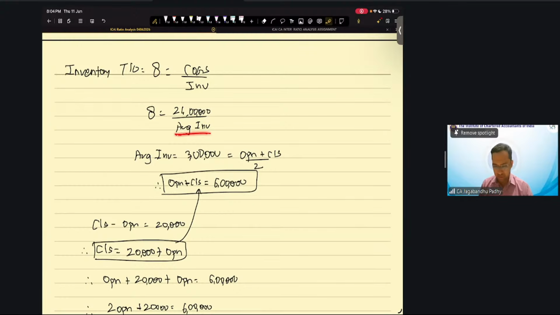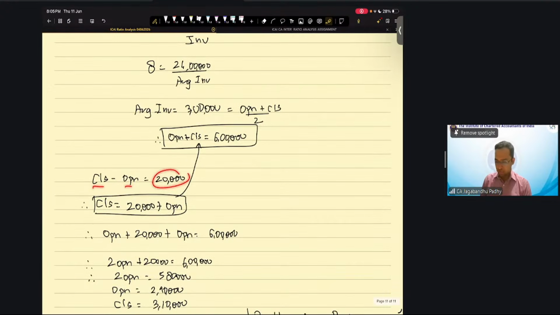So average inventory is 24 lakh divided by 8, which is 3 lakh, and that was opening plus closing by 2. So opening plus closing is going to be 6 lakh, and then we have closing minus opening as 20,000, and the closing figure is 20,000 plus opening. We substitute this in the equation and we get the opening and closing figures.